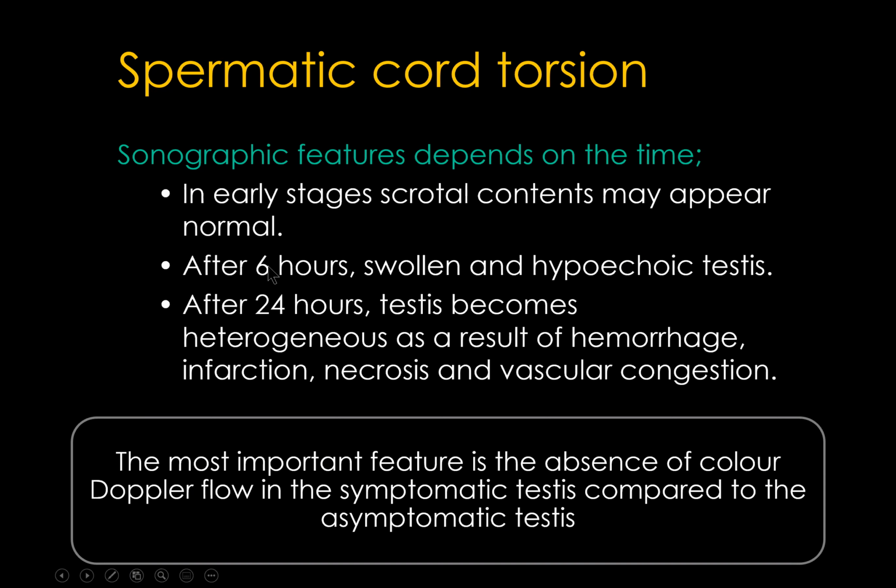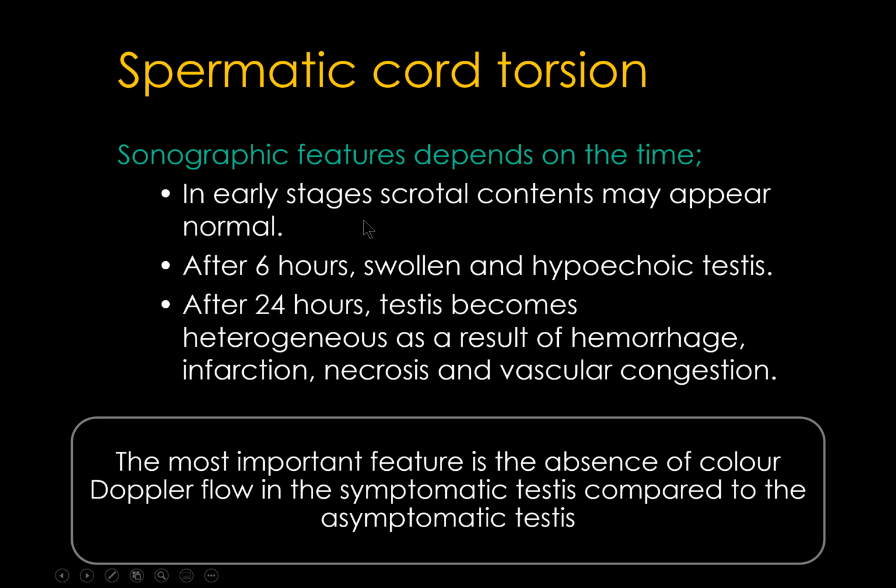After 6 hours, you will see a swollen and hypoechoic testis. After 24 hours, the testis becomes heterogeneous as a result of hemorrhage, infection, necrosis, and vascular congestion. The most important feature is the absence of color Doppler flow. There is no blood flow in the symptomatic testis when you compare with the asymptomatic testis.